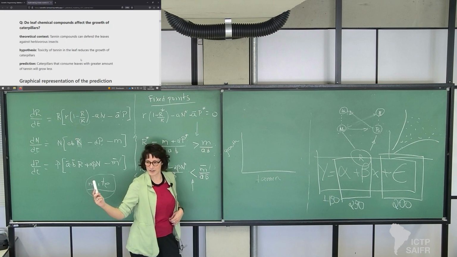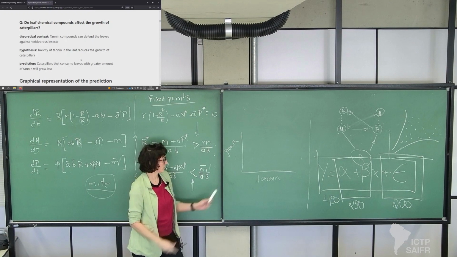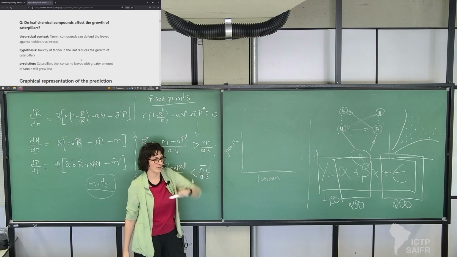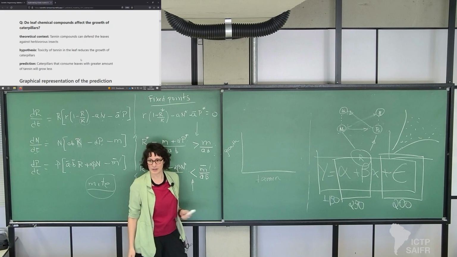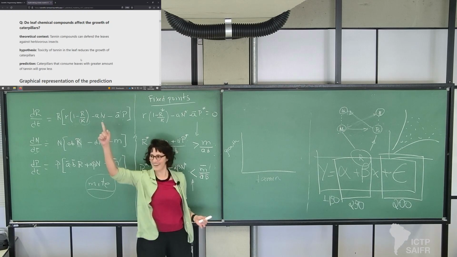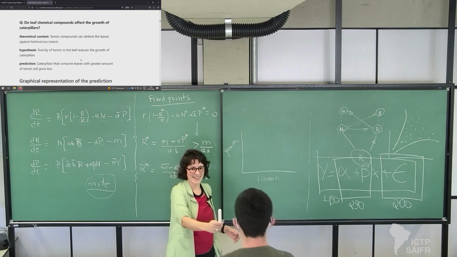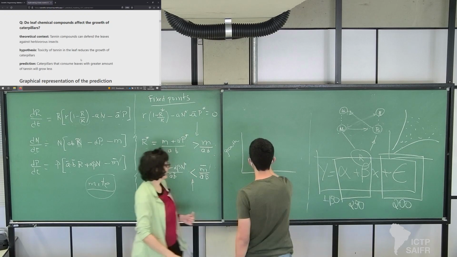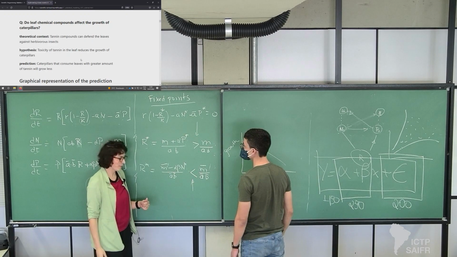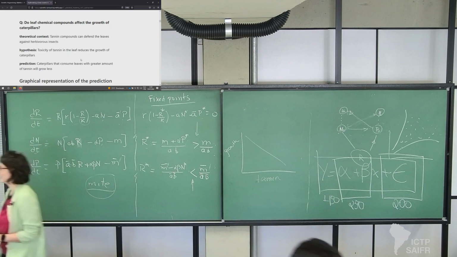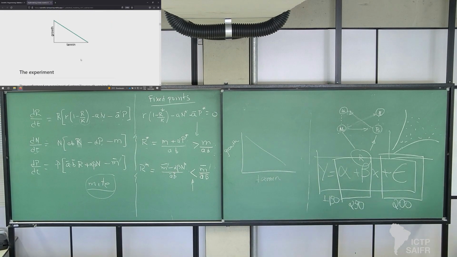I need a volunteer to draw here a curve representing our prediction. Does it go up, does it go down, in what direction? Come here, I cannot. Sebastian. It will be like this. Perfect. So yes, this is exactly what we are predicting.